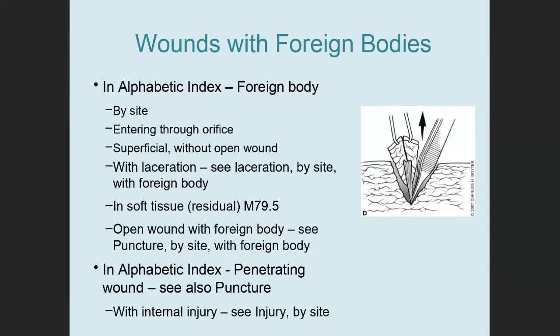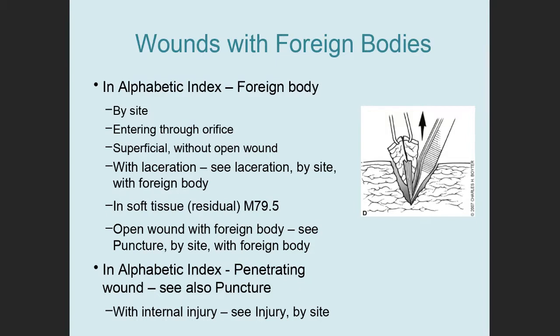So to find codes for foreign bodies in the index, see foreign body, then type of injury. So foreign body, then look up where it is, and then you have entering through orifice, you have superficial without open wound. With laceration, that entry refers you to laceration by site with foreign body. So there's a couple ways you can. If you look up foreign body, it's a laceration, it'll just refer you to laceration.